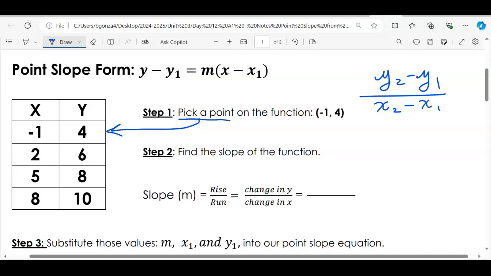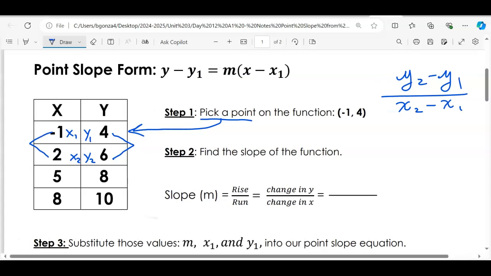Okay, so how do you do that on a table? Well, look, x1, y1, x2, y2. So if those are my x1, y1, x2, y2, this is what it looks like. Y'all remember the bird beak? Bottom minus top on the y, and then bottom minus top on the x, okay?